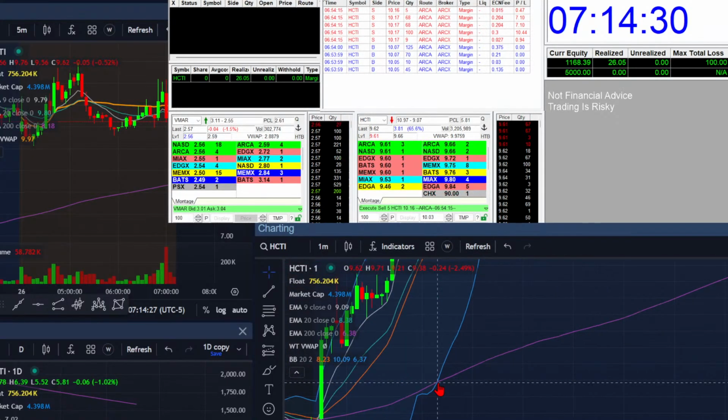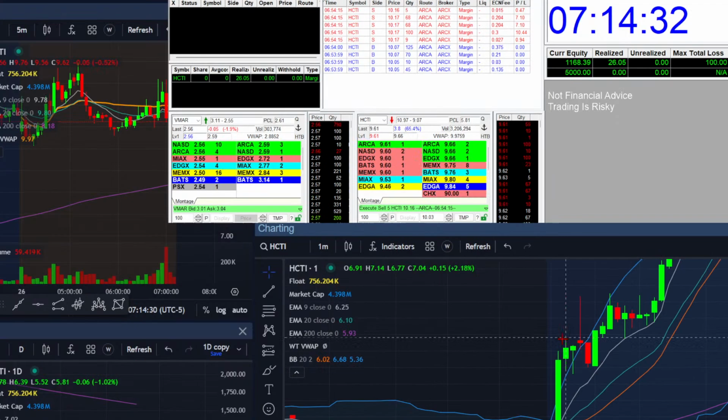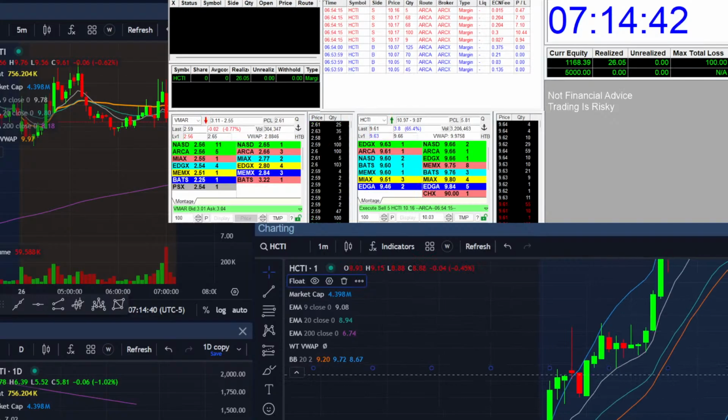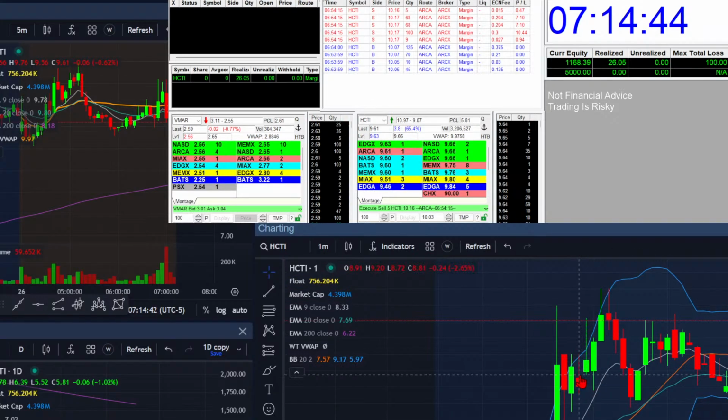It doesn't really care. You can see certain points where it even closed above the line. It made a move higher, but it sold into it. So it's kind of like trading in between the 9 EMA and the Bollinger Bands. Sometimes it can be helpful, but it can also cloud your vision on what you're looking for.